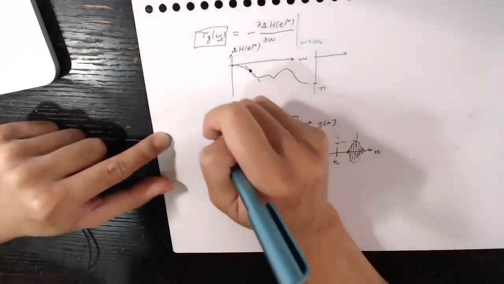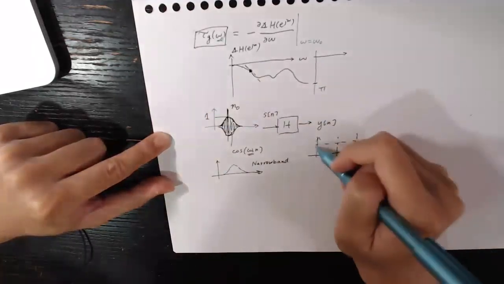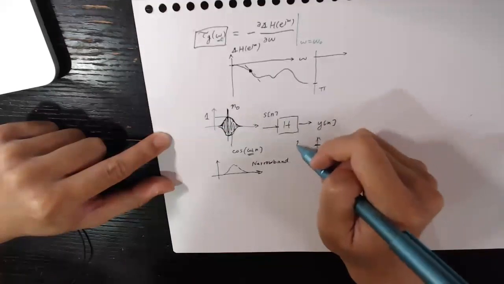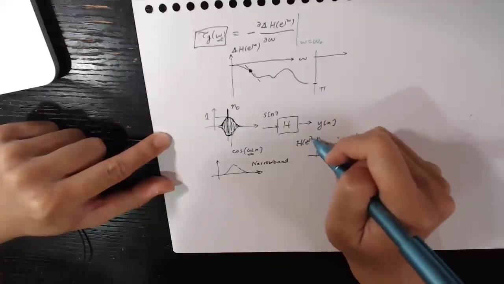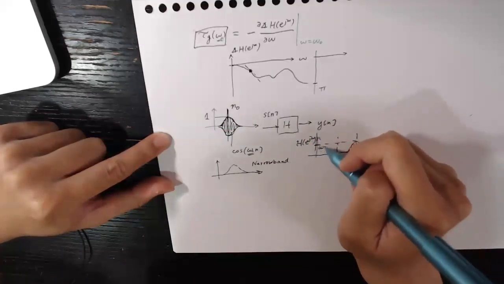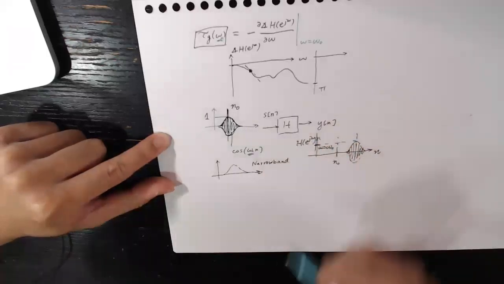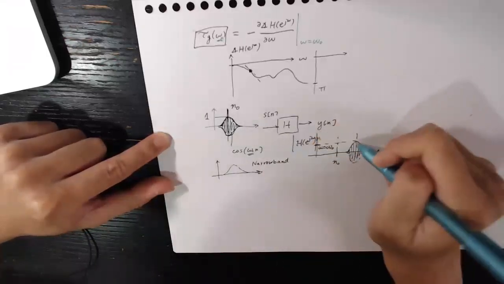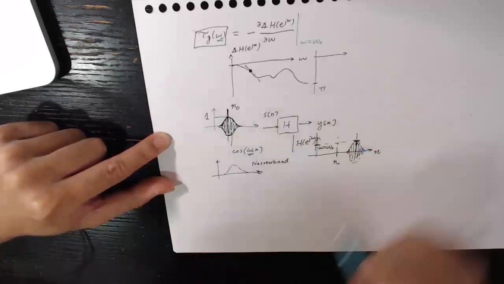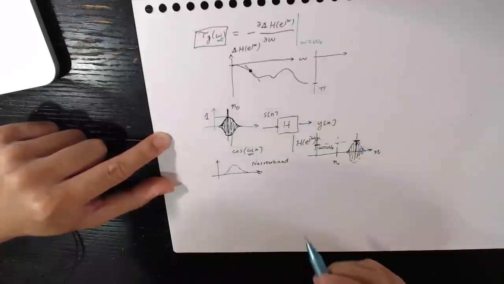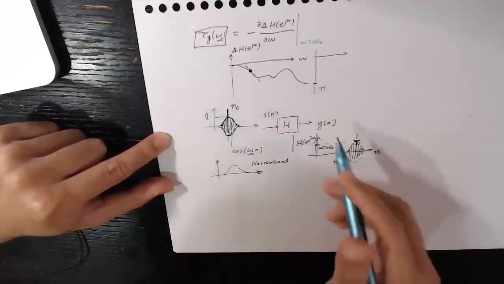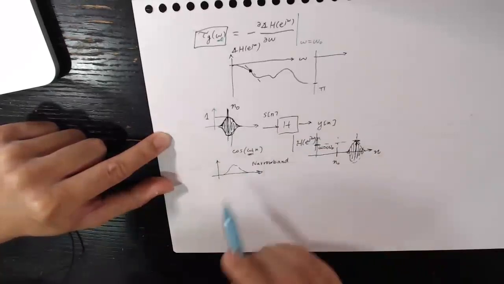So if this is unit height, then the gain should be the magnitude response at that frequency. So that gain, this height right here, should be in accordance with the magnitude response at the frequency of the carrier.